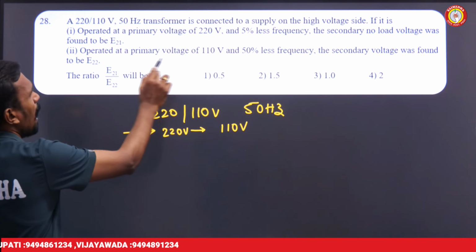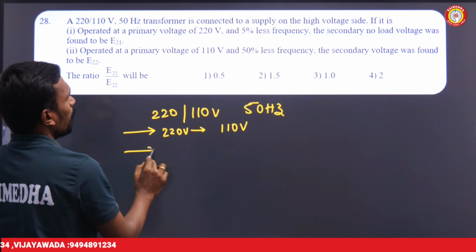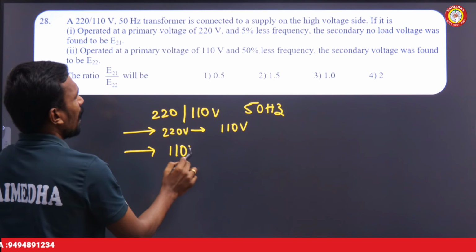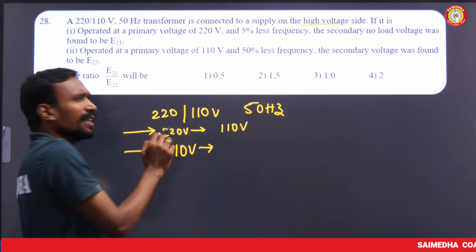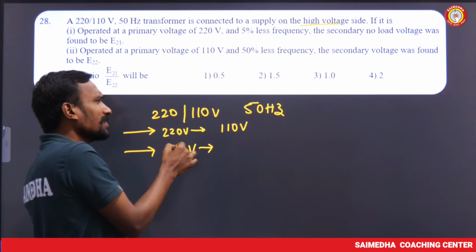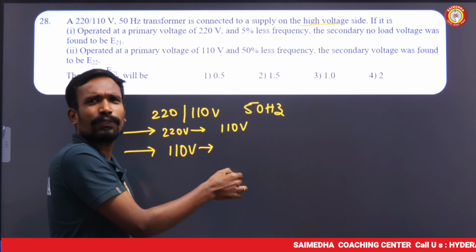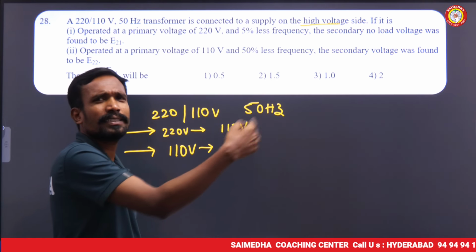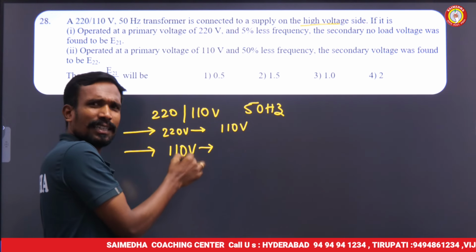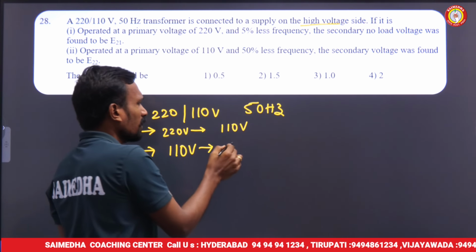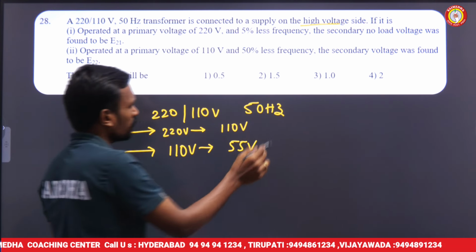Next, operated at a primary of 110 volts on the high voltage side, nothing but 50% of this. Here also you will get 50% because N2 by N1 is equal to E2 by E1. If the voltage applied is half here, it is half here also. So this is 55 volts.